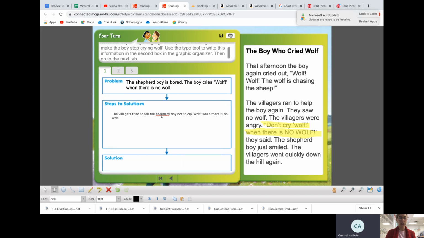I just want to spell it correctly. So go ahead and write that down in your middle box. The villagers try to tell the shepherd boy not to cry wolf when there is no wolf, right?